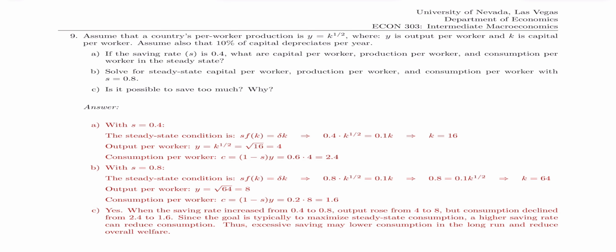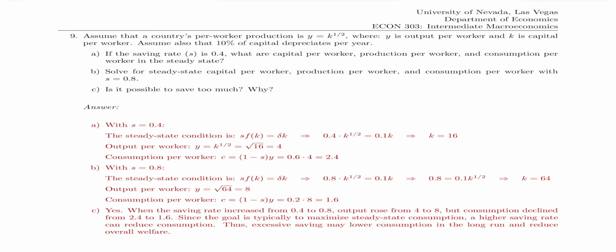Question number 9. We are given that the per worker production function lowercase y equals lowercase k to the exponent 1/2, and the depreciation rate delta equals 10% or 0.1. After solving the steady state condition, we find A. With the saving rate at 0.4, capital per worker lowercase k equals 16. Output per worker lowercase y equals the square root of 16 equals 4, and consumption per worker lowercase c equals 2.4.